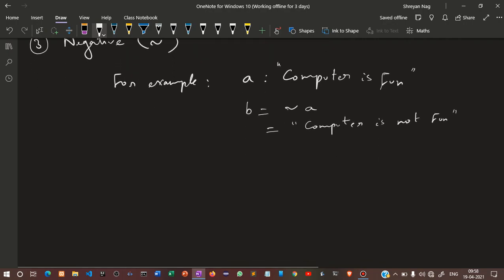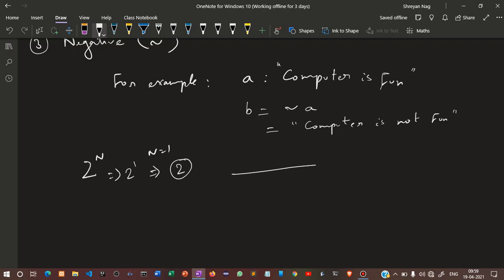So let us draw a truth table. Since it has only one variable, n equals 1, so 2 to the power of n is 2, only 2 combinations.